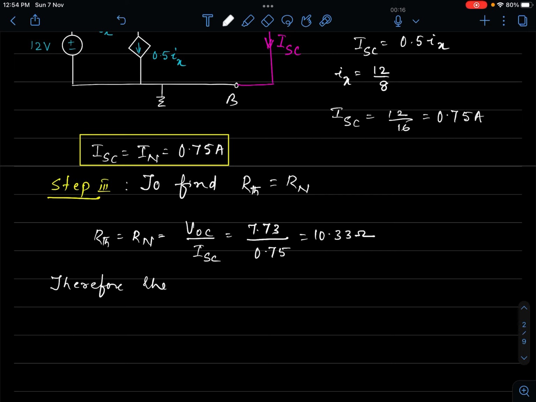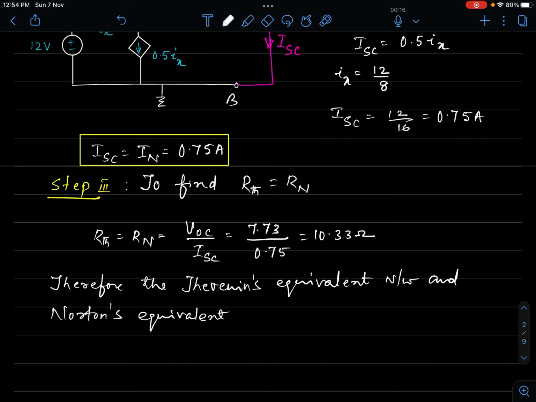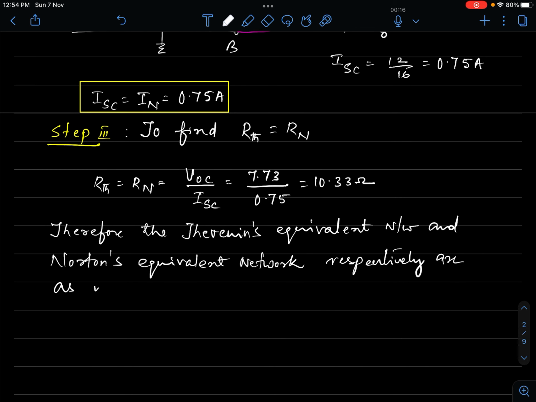Therefore, the Thevenin's equivalent network and Norton's equivalent network, respectively, are as below, as in figure 1 and figure 2.